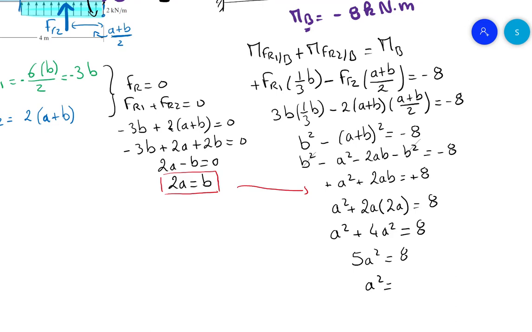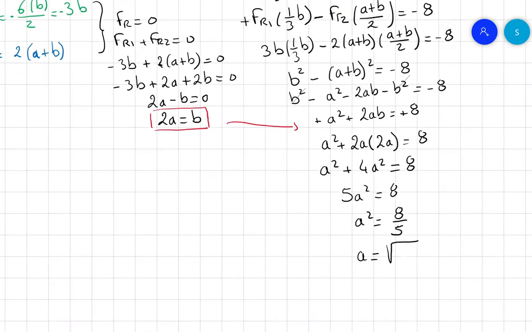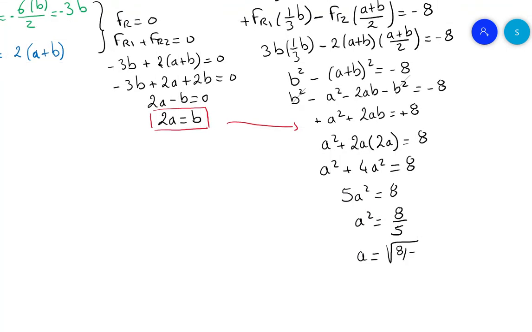A squared is equal to 8 divided by 5. And we have A equals the square root of 8 divided by 5. Okay, so let me come back there. We got A equal, using a calculator, 1.26 meter.